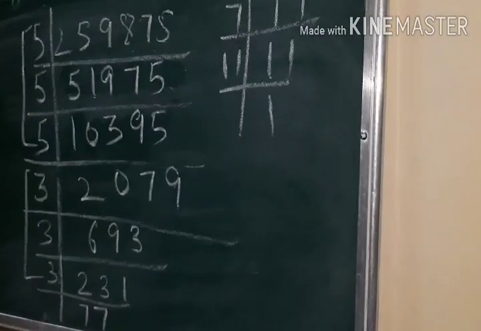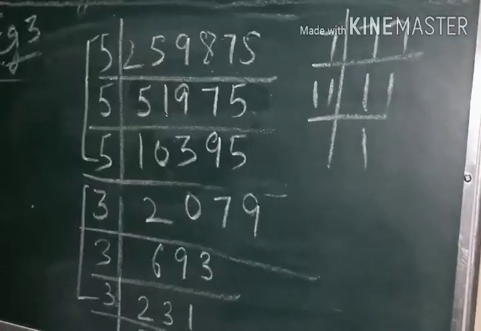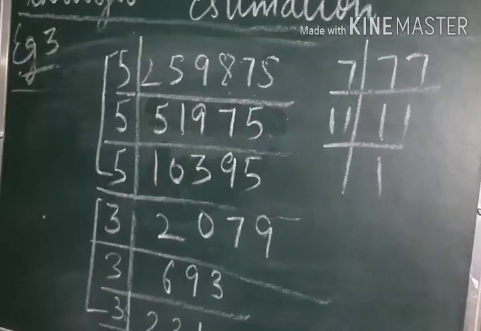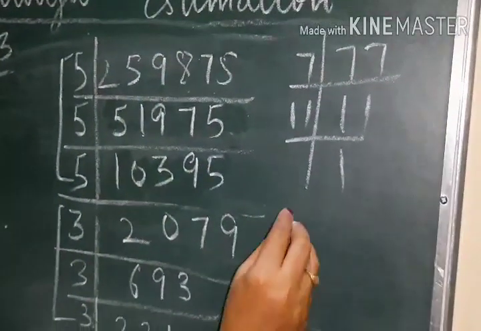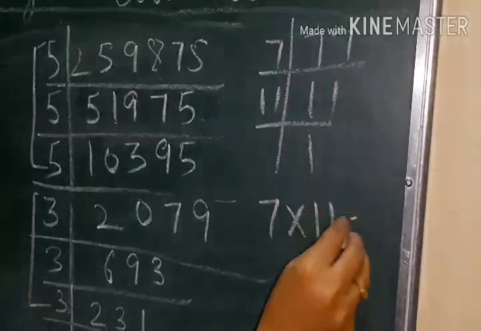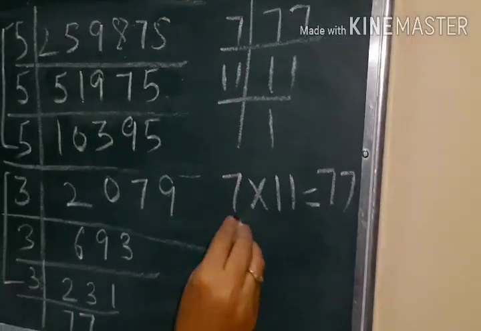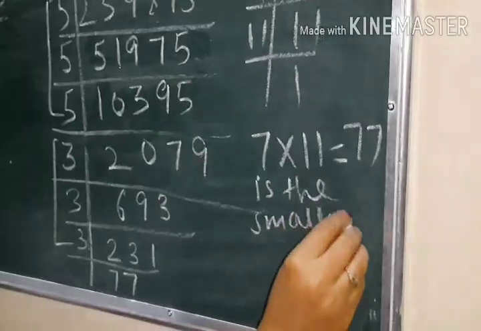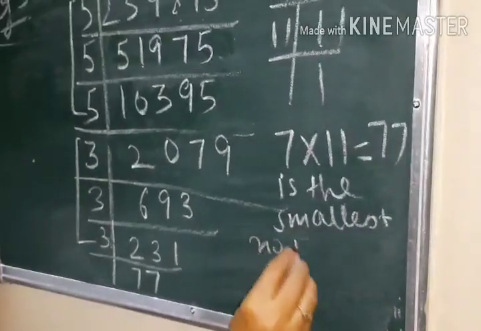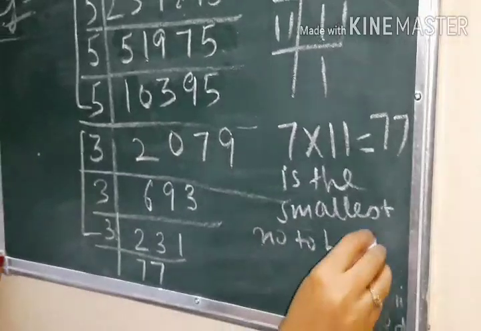Now what is in division? What do we see? In division we see what is extra. What extra do we have? We have these two extra. So that means 7 into 11 is equal to 77 is the smallest number to be divided.